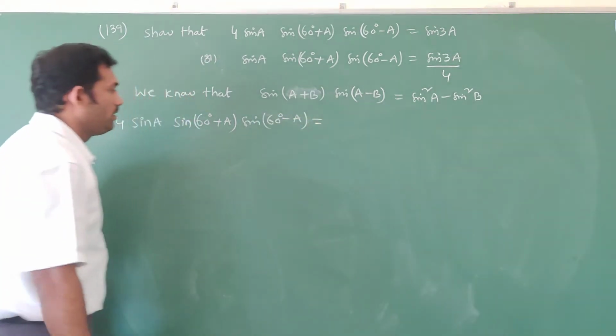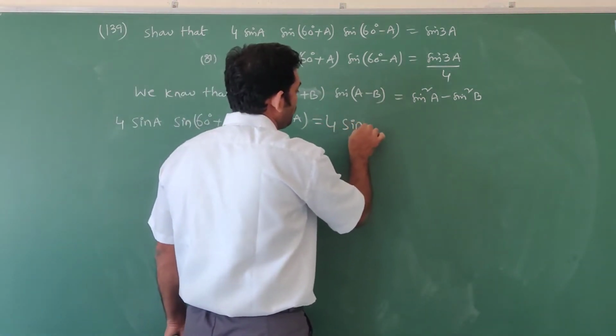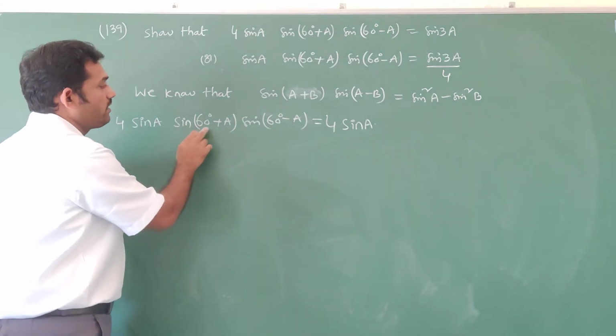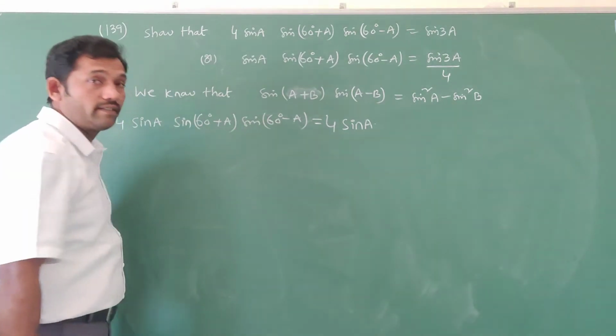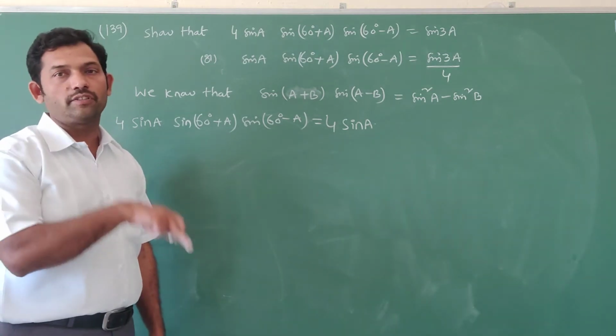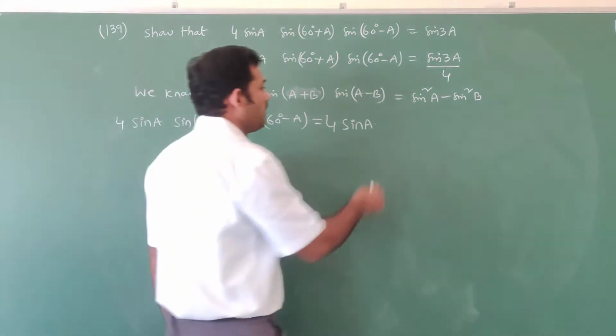So take this value 4 sin A, write as it is. Sin 60 plus A sin 60 minus A means sin A plus B sin A minus B, where A is equal to 60 degrees, B is equal to A. So what happens?